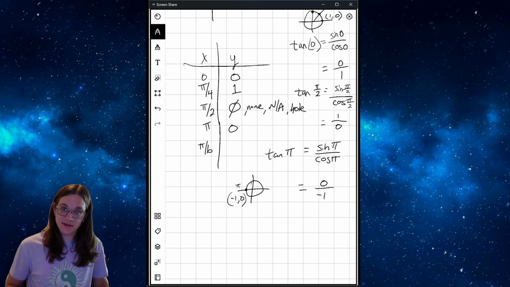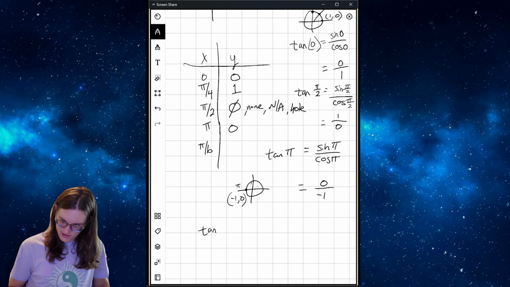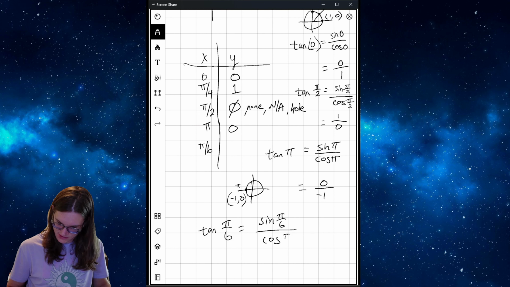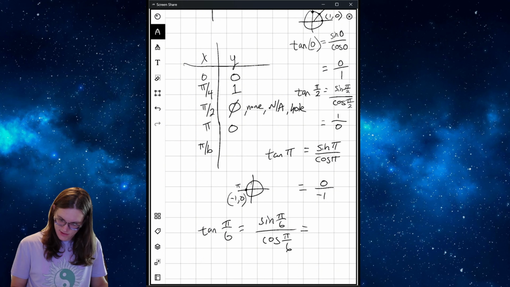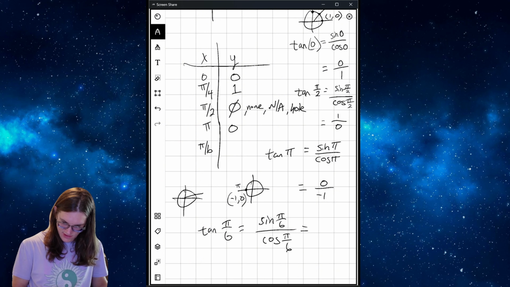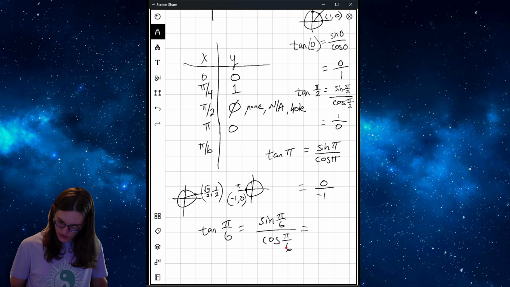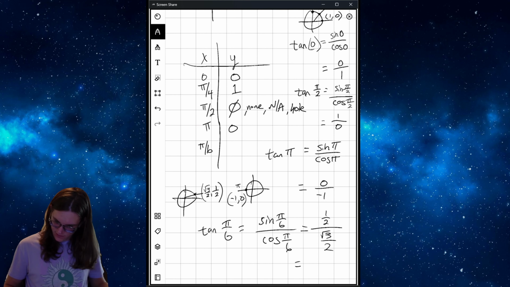Pi over 6. Interesting. Tangent of pi over 6 is sine of pi over 6 over cosine of pi over 6, which is this point on the graph at 30 degrees, which we know by now is root 3 over 2, 1/2. So 1/2 over root 3 over 2. What's my tangent?